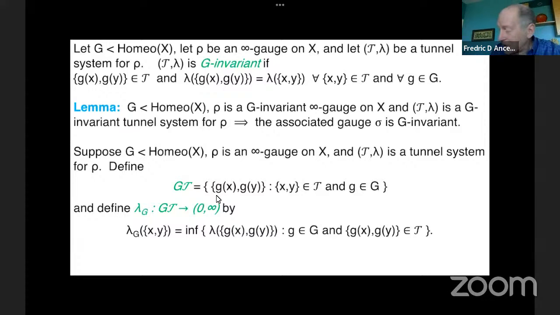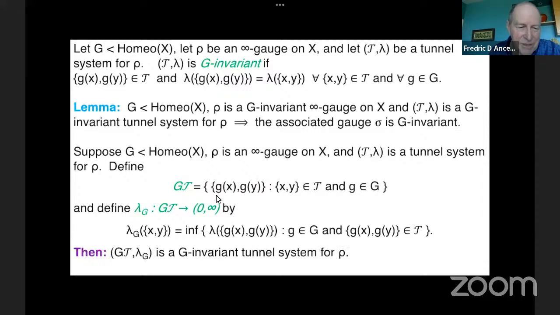The requirements on lambda are pretty minimal, just that the inf of all of the possible values is positive. And so this works. And then the point is that if I've started with an arbitrary tunnel system, this process will give me a G invariant tunnel system.